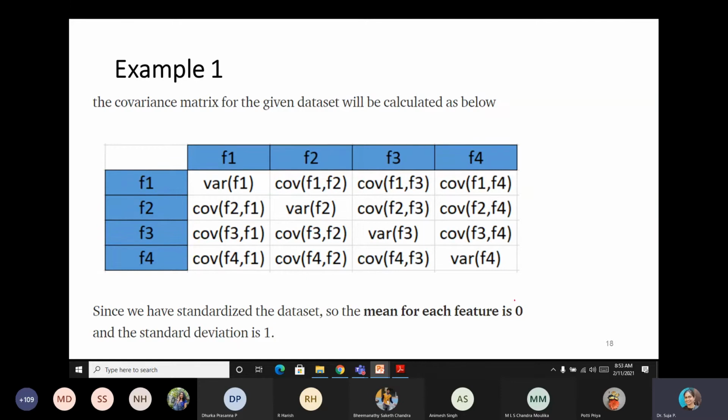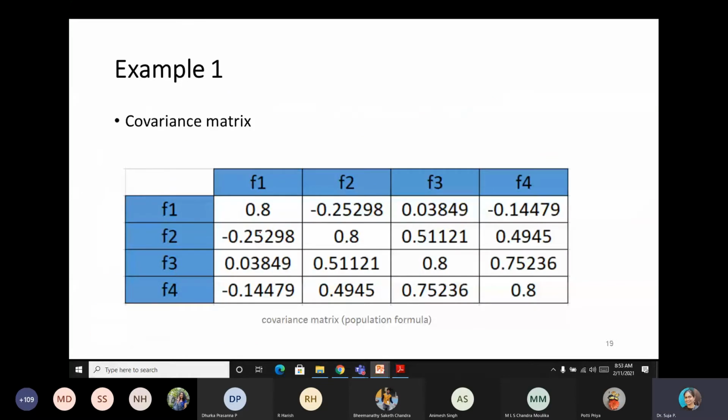We are going to use the standardized data set, where the mean for each feature is 0 because we have subtracted the mean from the data, and the standard deviation is 1. PCA cannot be done without this first step. So that is done here.